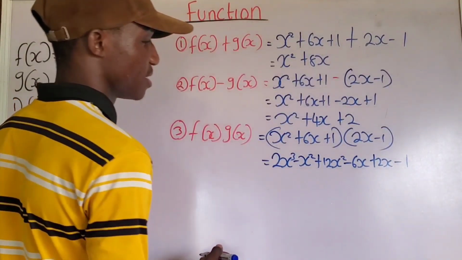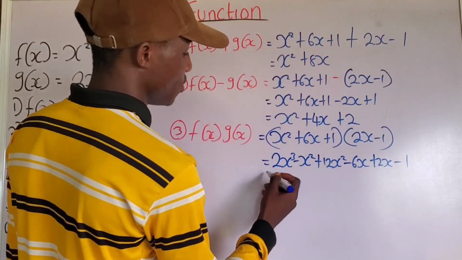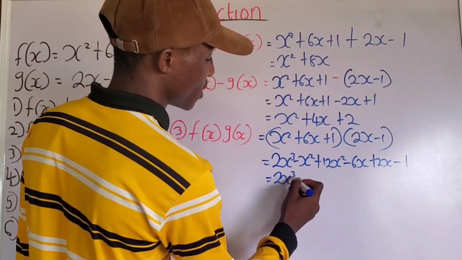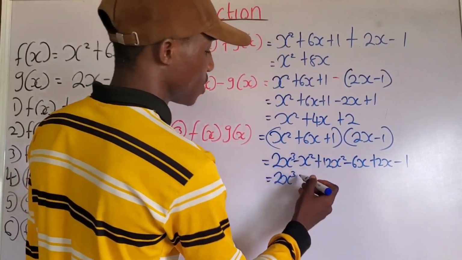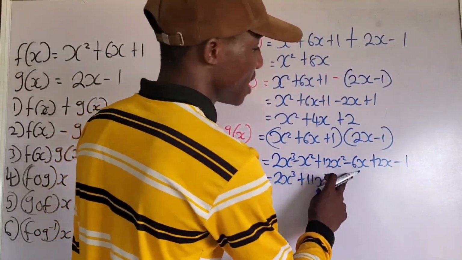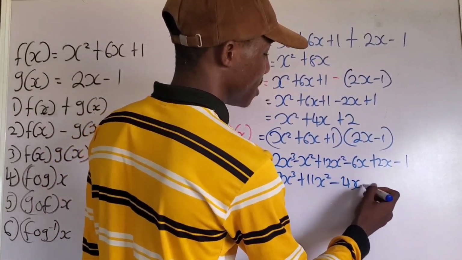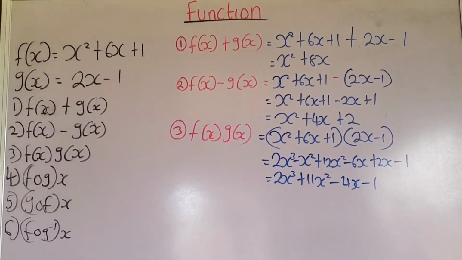Now let us simplify by collecting like terms. 2x cubed, negative x squared plus 12x squared is plus 11x squared. Minus 6x plus 2x is minus 4x, then minus 1. So the product of f of x and g of x is 2x cubed plus 11x squared minus 4x minus 1. You understand?